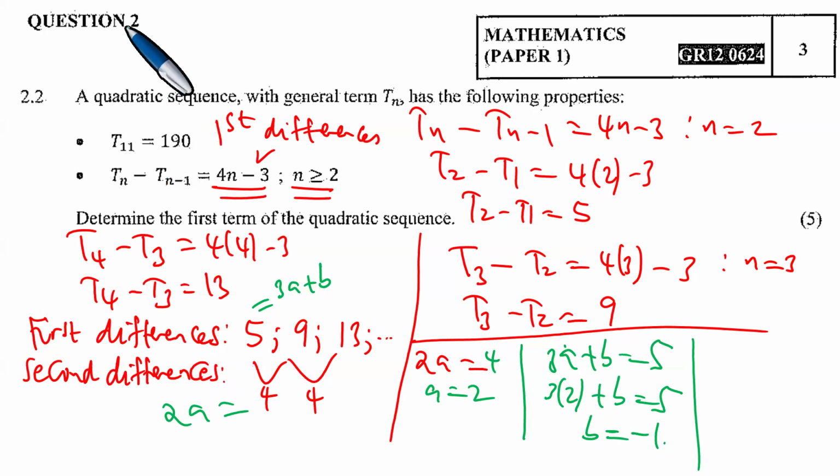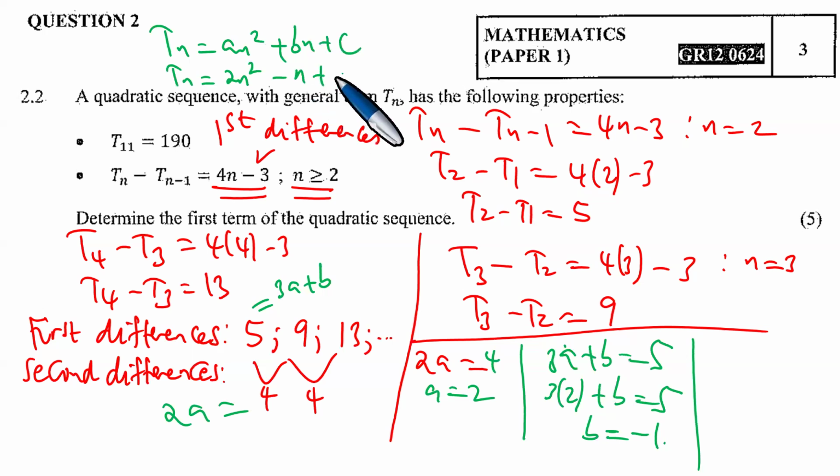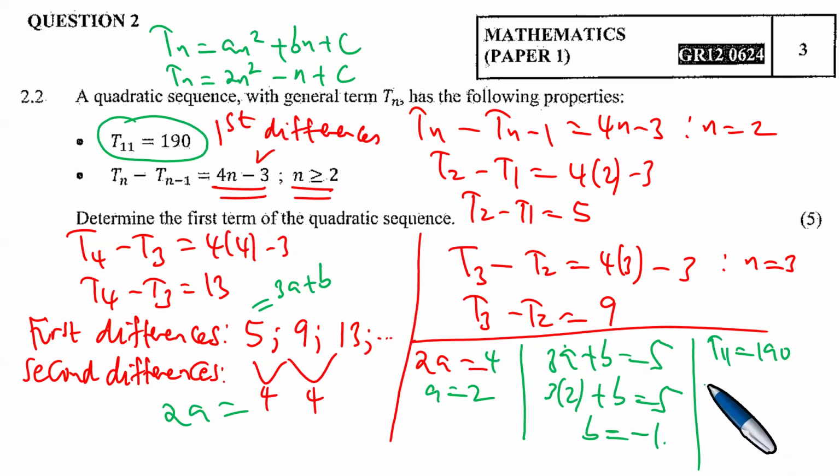If you remember, our Tn formula is an squared plus bn plus c, so with our a and b it is 2n squared minus n plus c. Then we can use this, because we already know that T11 is 190. So you put 11 here.